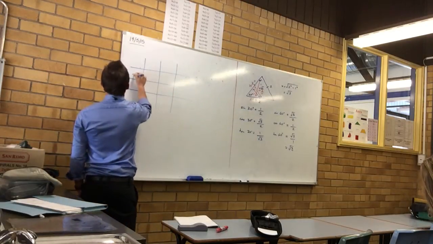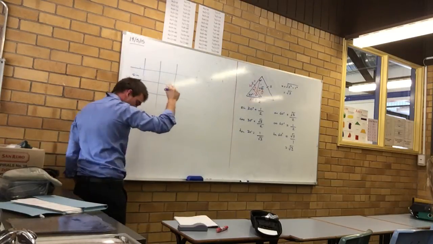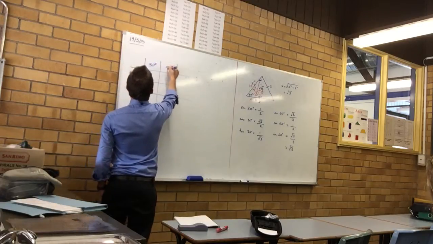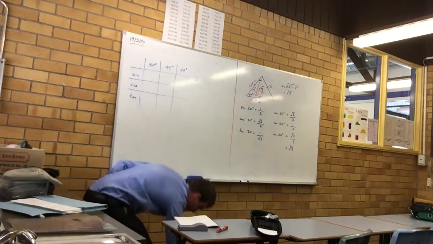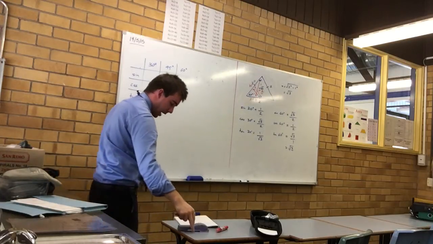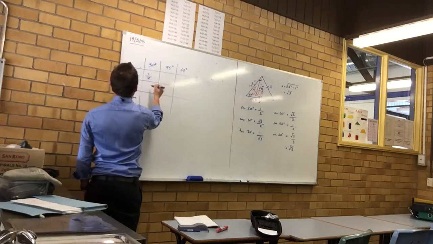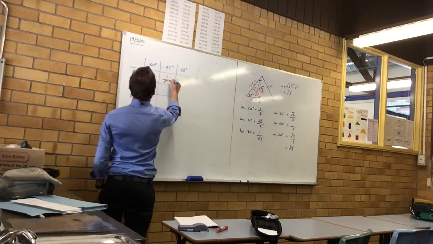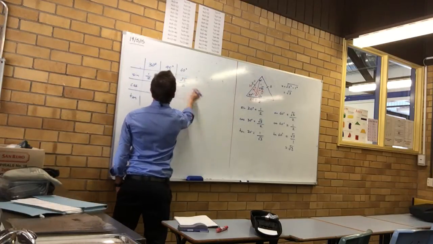Alright, so we've got sine, cos, and tan. We have 30 degrees, 45 degrees, and 60 degrees. Okay, so there's a table in your notes. So this was 1 over 2, sine of 45, which is 1 over root 2, and sine of 60, which is root 3 over 2.